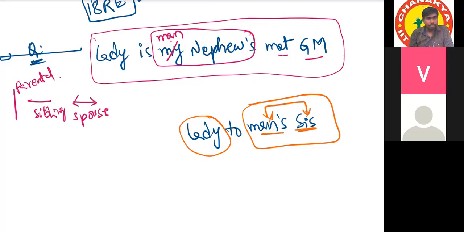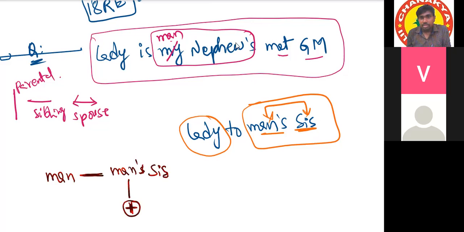I'm starting with the man. Man's nephew is nothing but the man's sister's son. This is the man, and this is the man's sister. Because these two are siblings, I'm using a horizontal line. That man's sister has a son. Because this is a male person, I'm using a plus here.